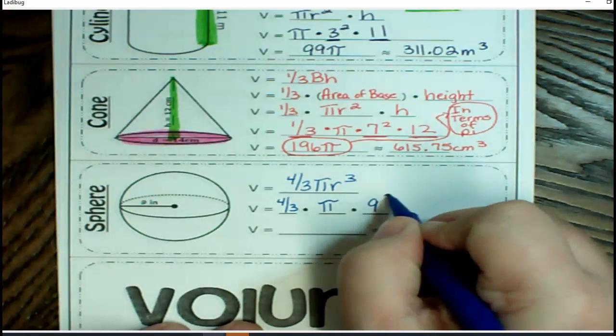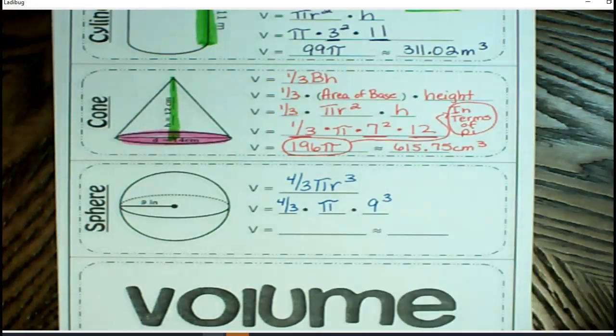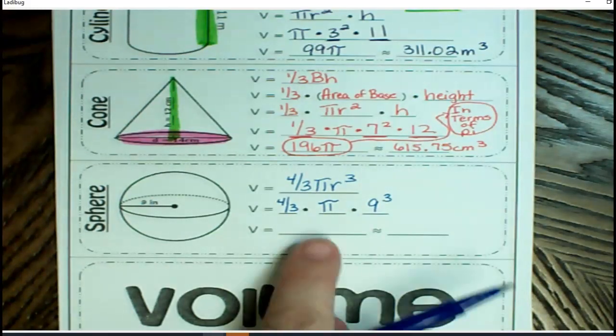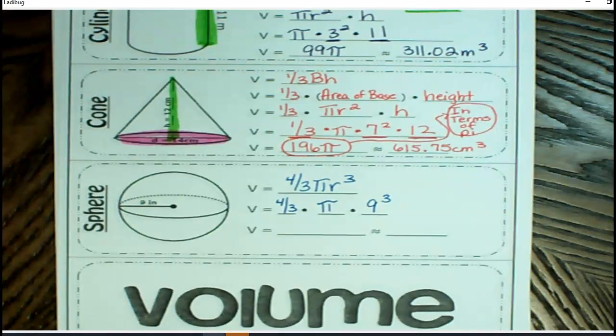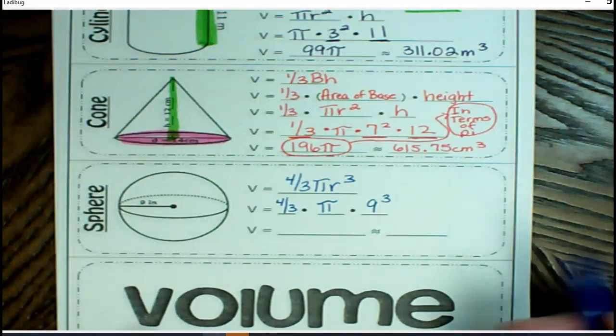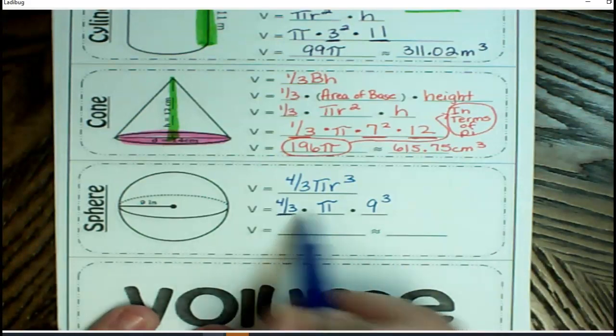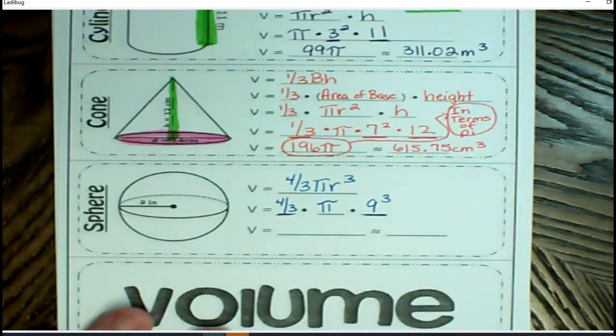So 9 cubed. Now, give me the answer in terms of pi first. In terms of pi, that means we're multiplying 4/3 times 9 cubed.